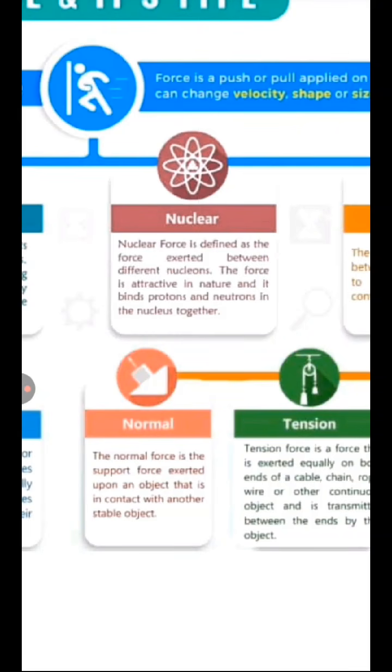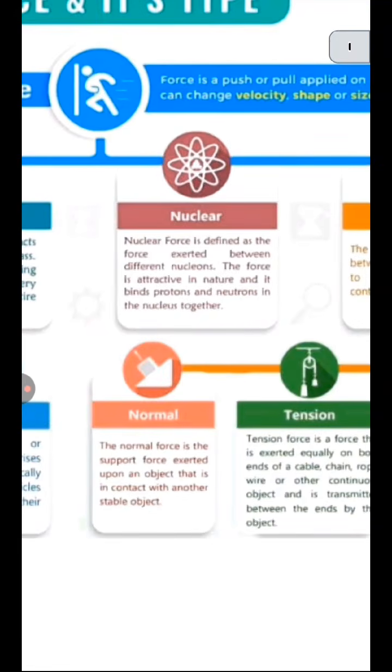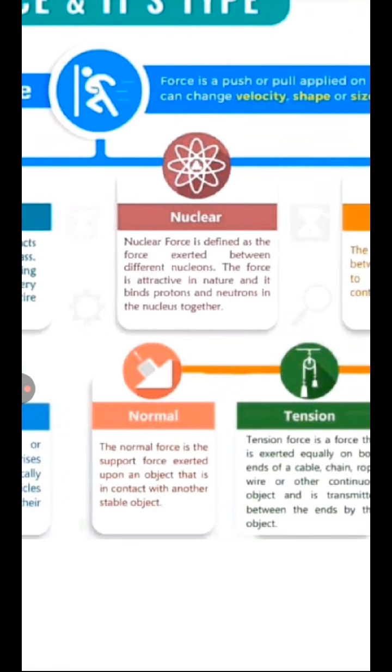Nucleons are neutrons plus protons. The force is attractive in nature, and it binds protons and neutrons in the nucleus together. Protons and neutrons are collectively known as nucleons.